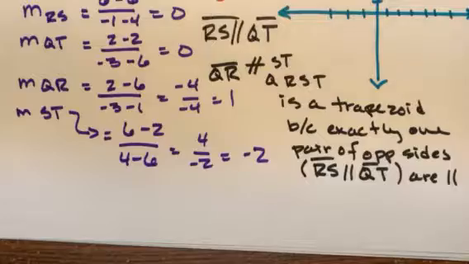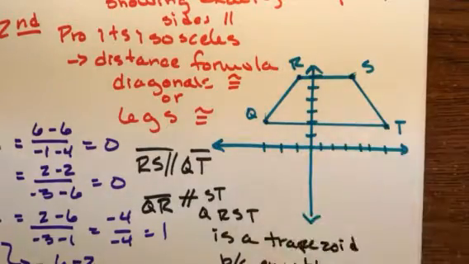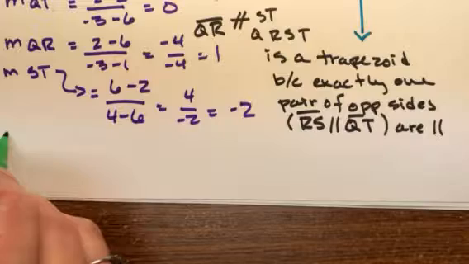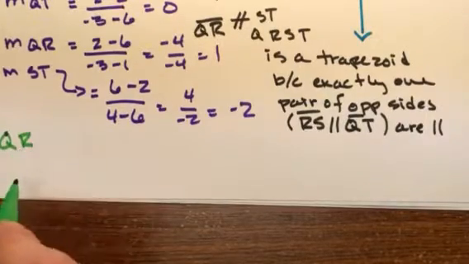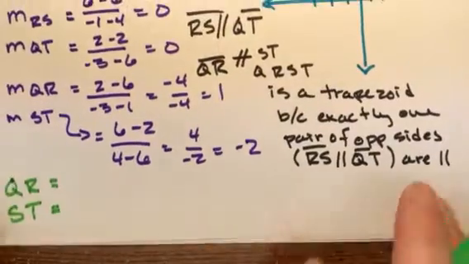All right, the next thing that I need to do is to show that my legs are congruent. So I'm going to find QR, and I'm going to find ST. You could also do the diagonals if you wanted to.